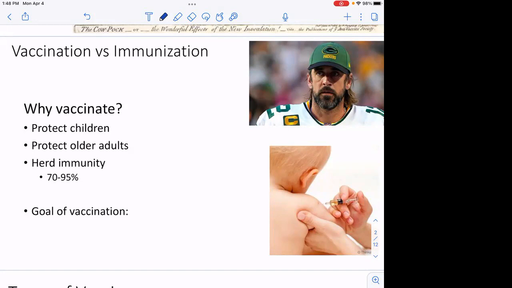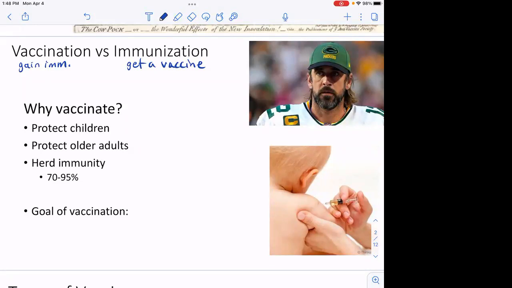Vaccination is basically what happens in your body. You gain immunity when you are immunized, meaning you get a vaccine. So yes, we get vaccinated by immunization.